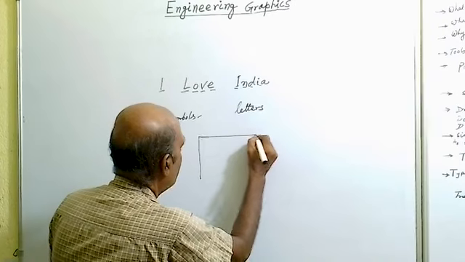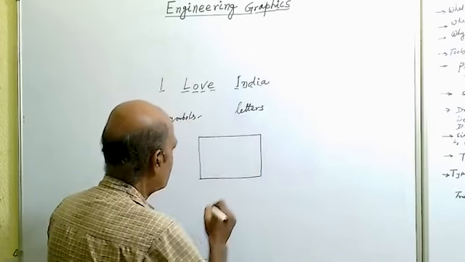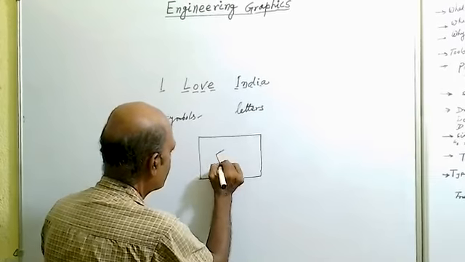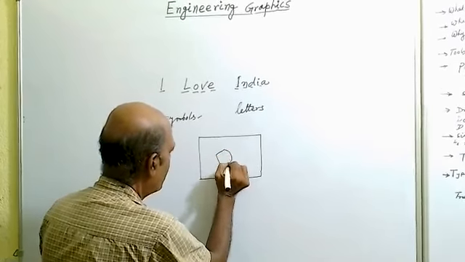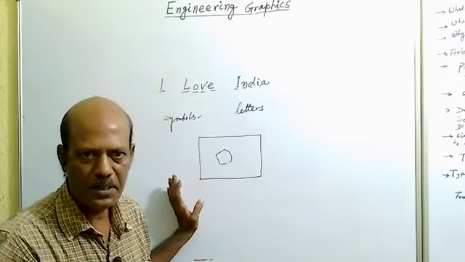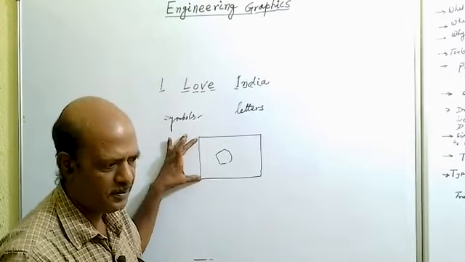In a similar way, on a sheet of paper, if we draw something with the help of lines, points, or any curves, that also means something. So this is called the graphics.